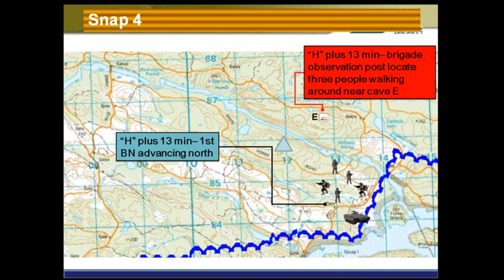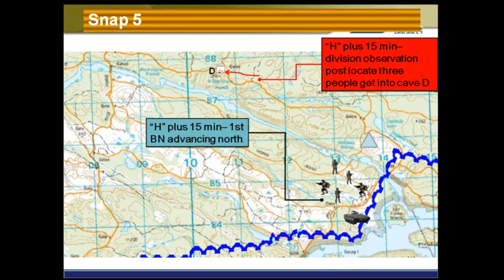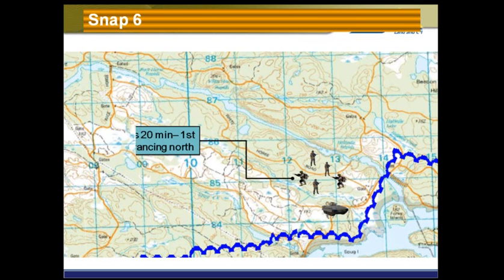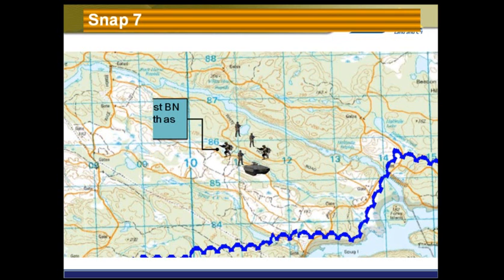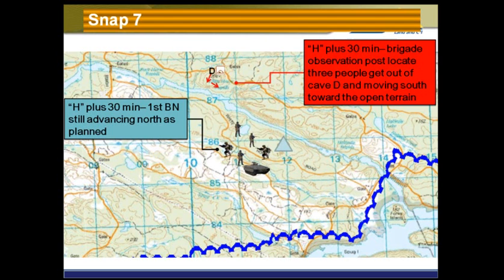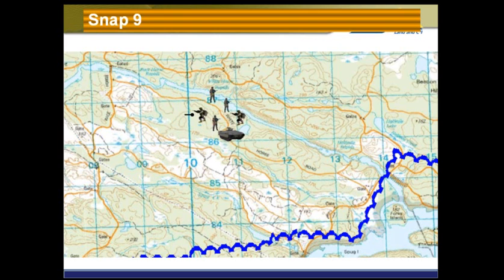Even later you see that they're walking close to cave E, and that they might enter that cave, so they go into the cave. Then also at some point you might see some cars with civilians in them move to another cave. And then, going out of this cave, they go to open terrain again, etc., etc.